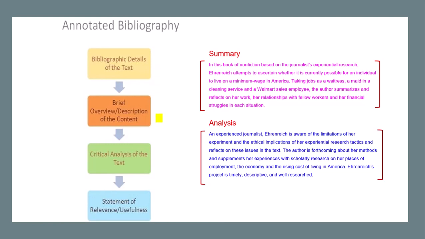Then it typically would have a brief summary and then some kind of an analysis, either explaining it, talking about how it's going to connect to your claim, talking about where you're going to use it, who the author's audience is perhaps, or their tone of writing, if they've used ethos, pathos, or logos, those three pillars of argument, or maybe having a statement of usefulness. Here's the quote that I'm going to use, and here's where I'm going to use it, or this is why I think it would help convince my readers about my argument.